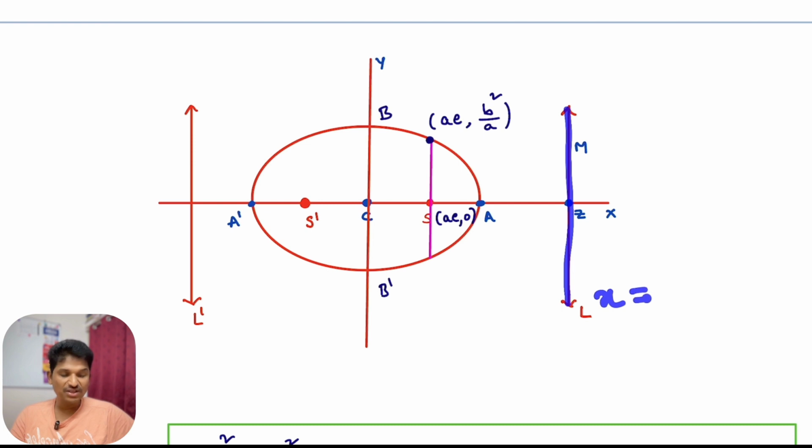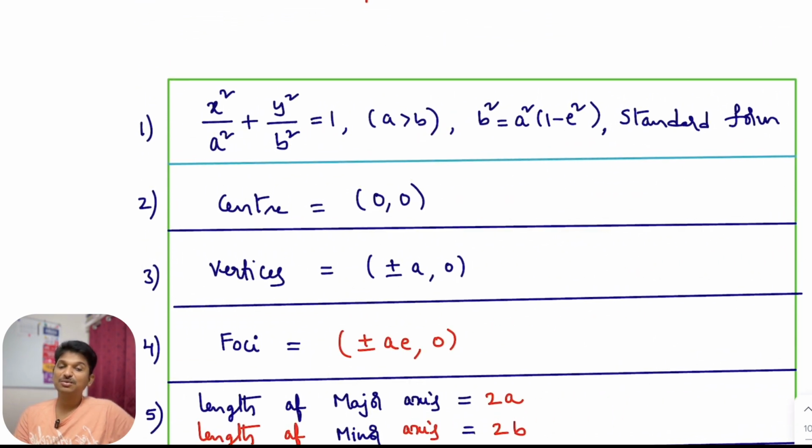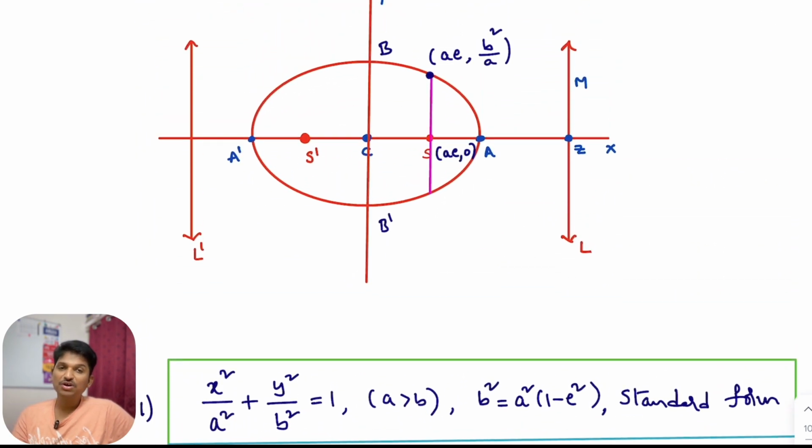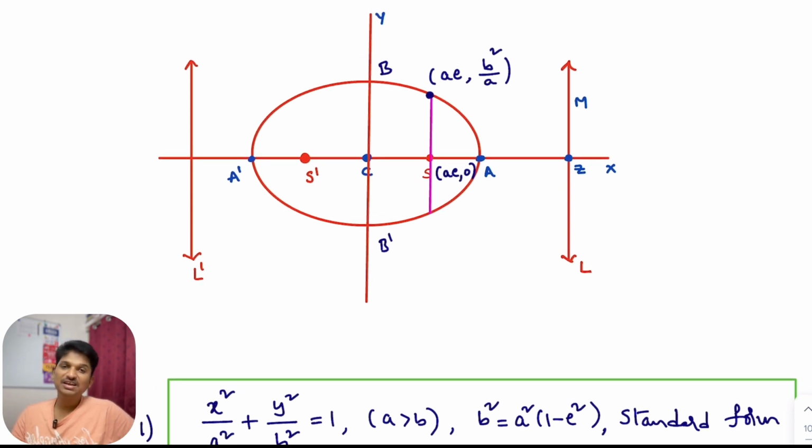Its equation starts with x equal to. How far is it from the origin? It is at a distance of a by e units, so the equation is x equal to a by e. Practice like that so that you can easily memorize these formulas. No need to learn these formulas by heart. The vertices are plus or minus a, 0, and the foci are plus or minus ae, 0. If you know that, by seeing the diagram only, you can easily memorize all these formulas.